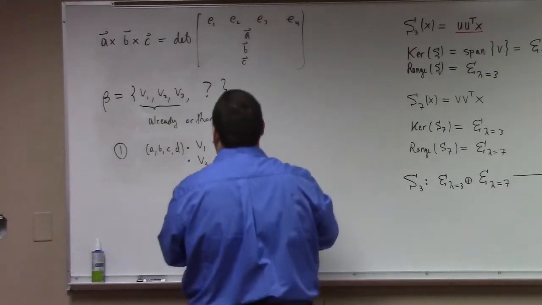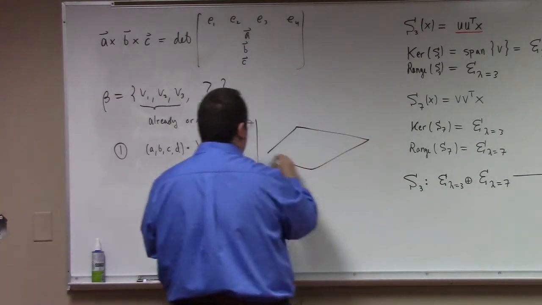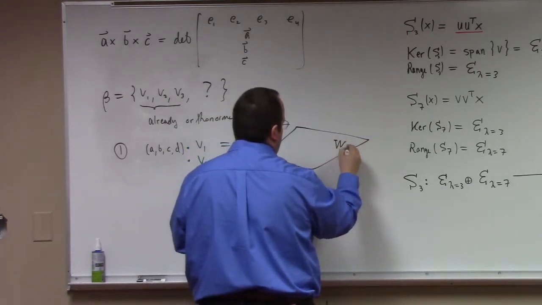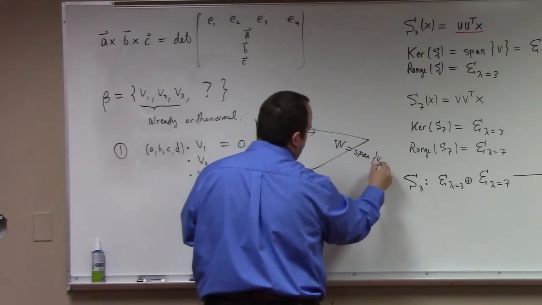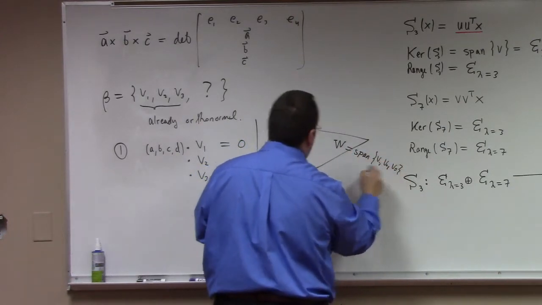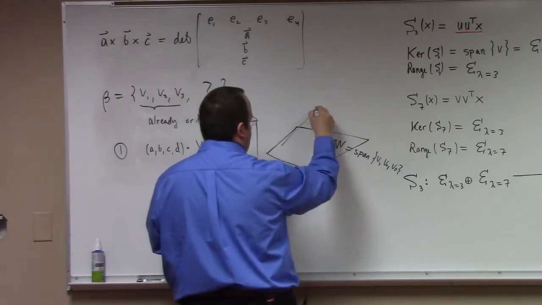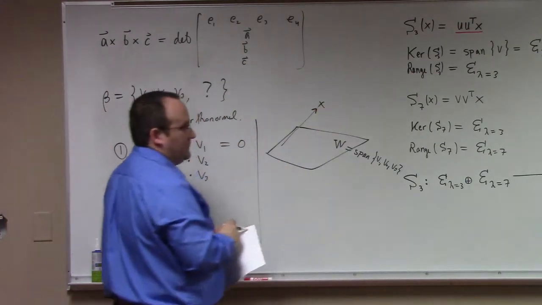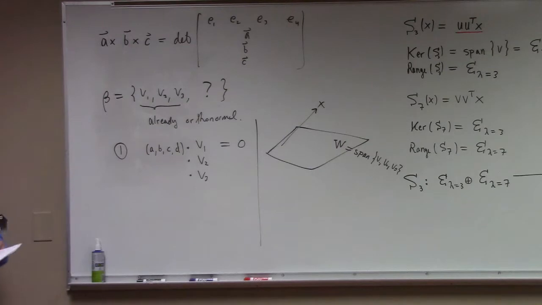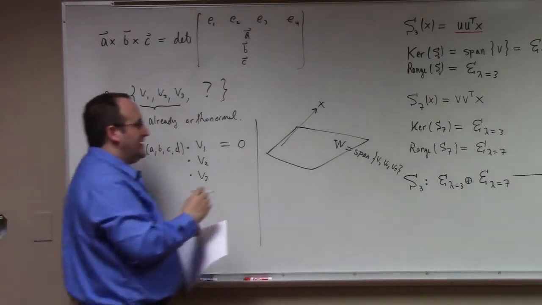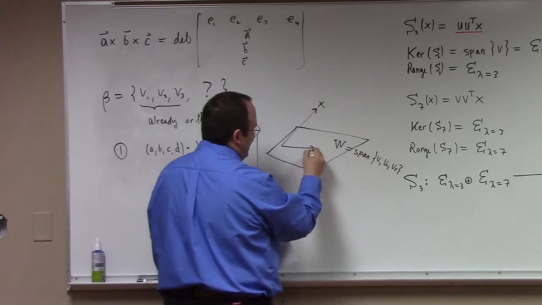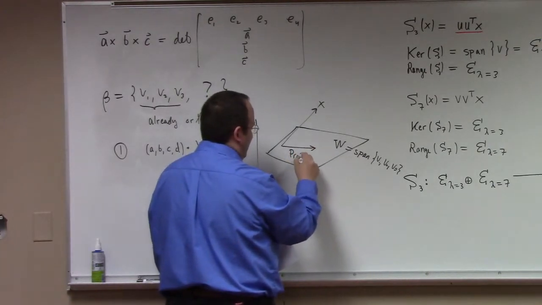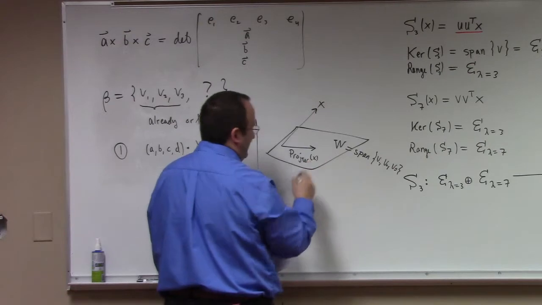The other way is to think more geometrically and think about W being the span of the given orthonormal vectors, right? And if you just pick any x off the plane, well, volume, really, hyperplane, as long as you're not so unlucky as to pick x which is tangent to the plane, you can calculate the projection onto W of x, right?